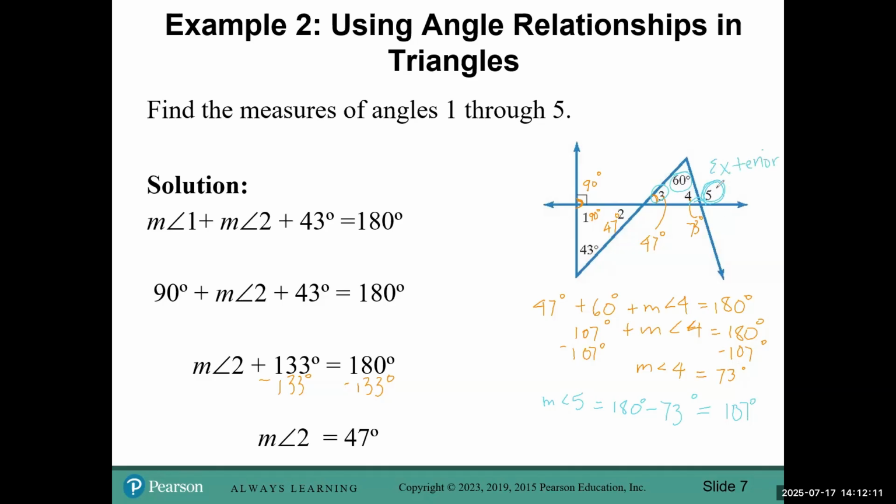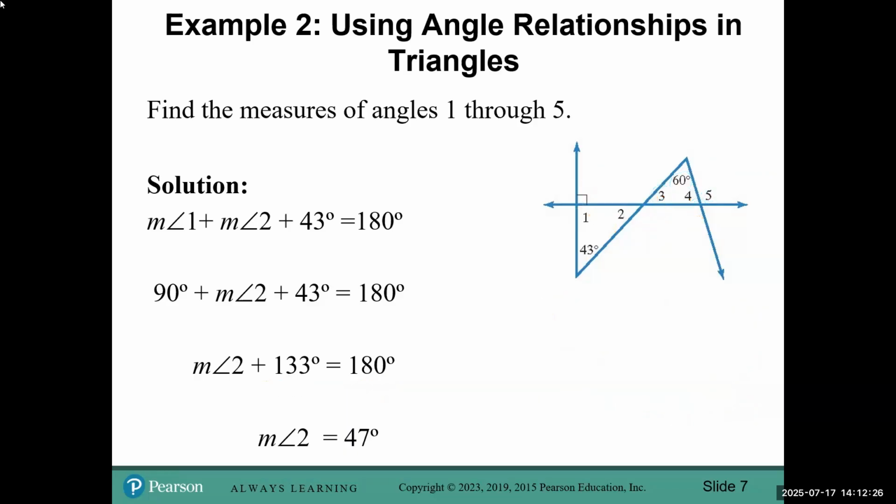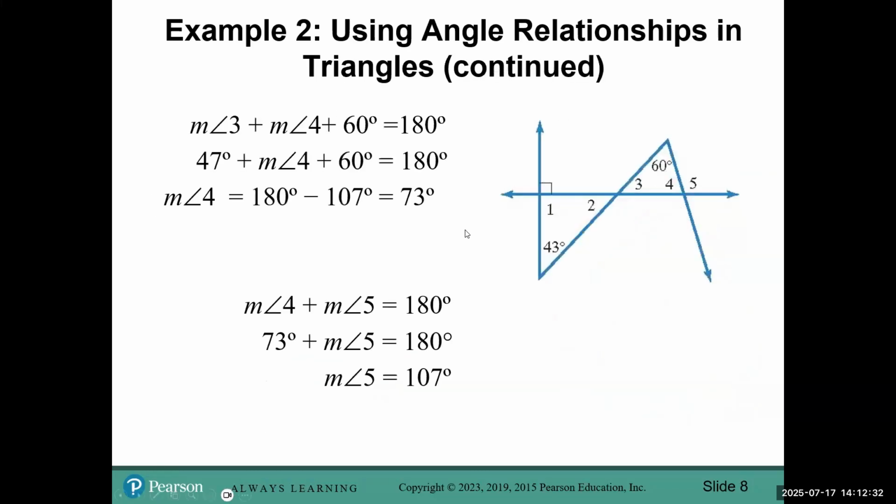And it has the same measure as the sum of the two other angles in the triangle. So that's one way we could use Euclid's theorem, kind of combining it with what we know about vertical angles and what we know about supplementary angles.